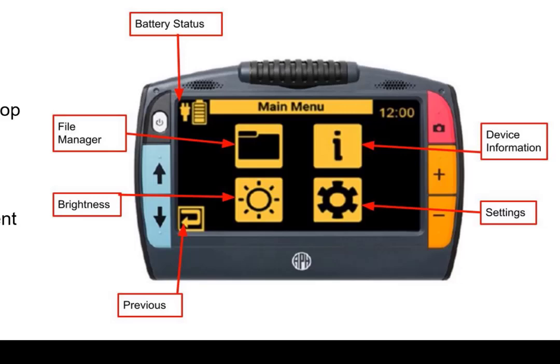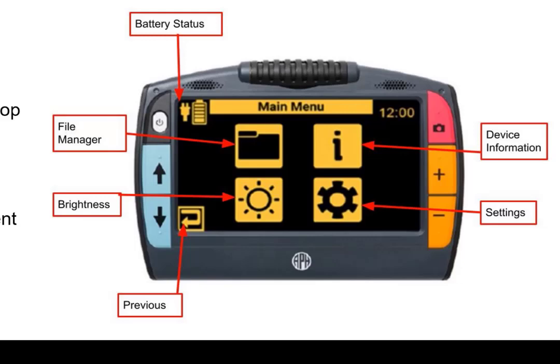The last thing we're going to talk about before we go into the main area is the previous button, which is located in the lower left-hand corner of the screen. That will take you out of this main menu. Now, there are 4 icons, 2 rows of 2 each, in the middle of this screen, and they're organized as follows.